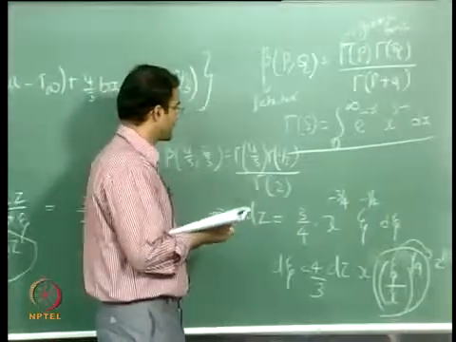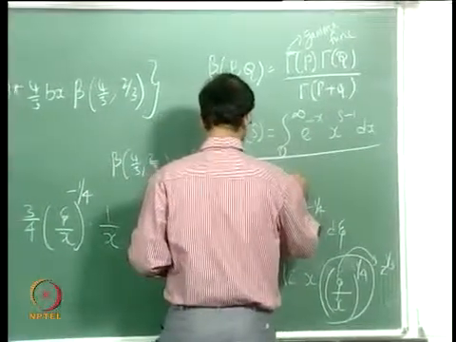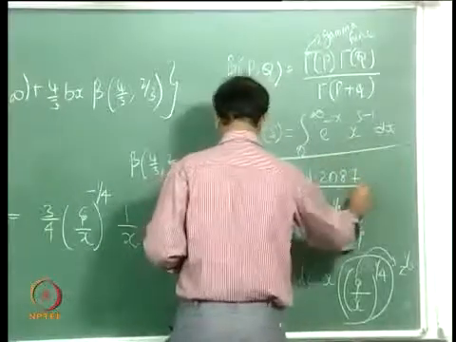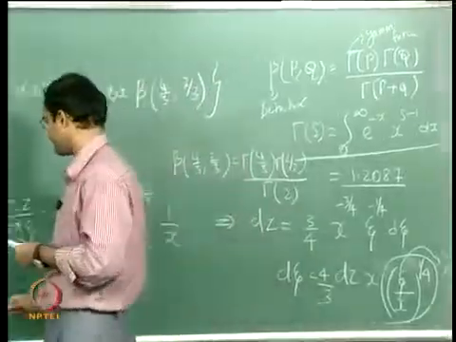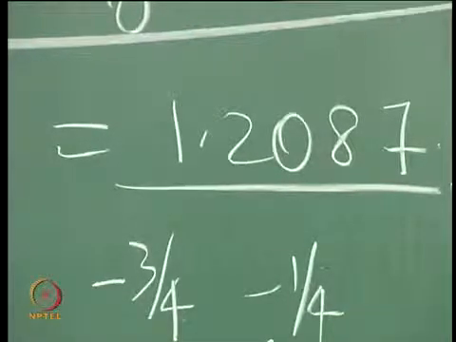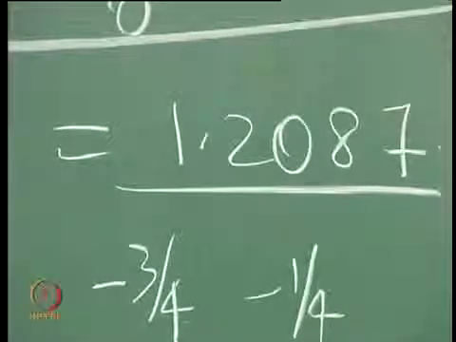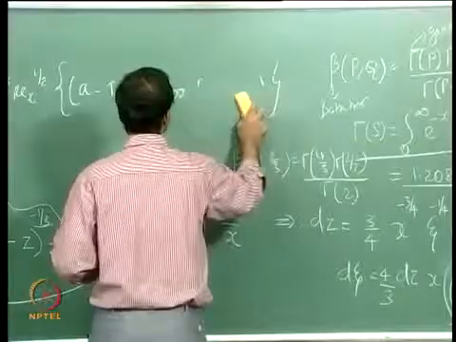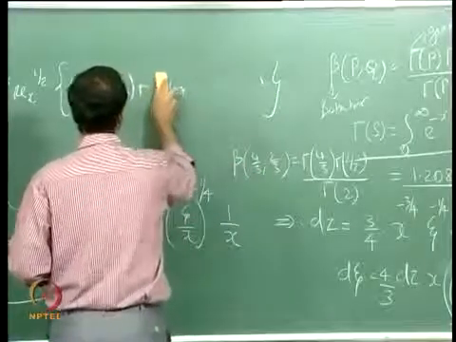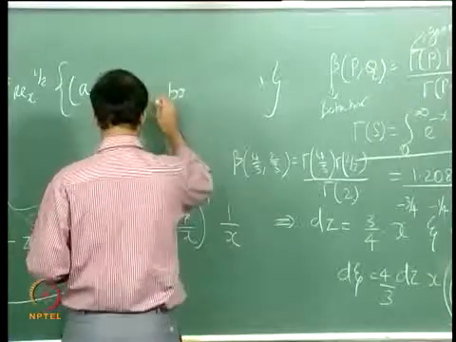You will get beta of 4 by 3 comma 2 by 3 as 1.2087. If you substitute that value, 1.2087 into 4 by 3 comes out as 1.612.